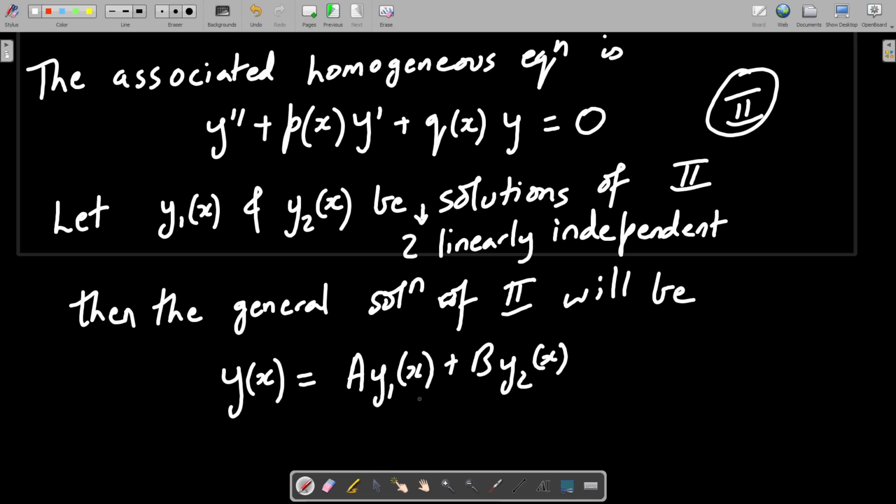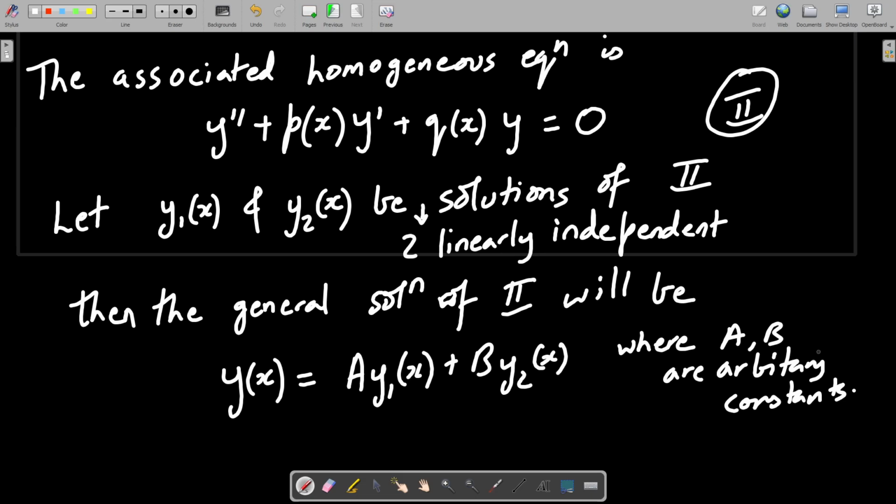I'm not using c1 and c2 because I will have to use them somewhere later on in this expression, so I'm just using the constants a and b.